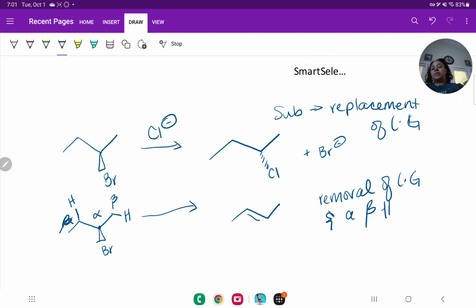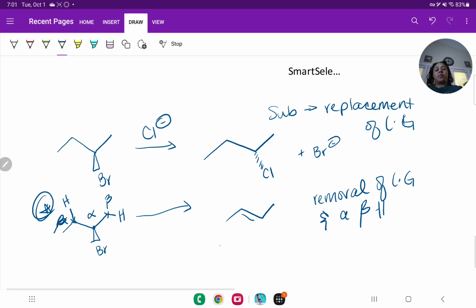So all of these, I'm not drawing in all the hydrogens, but all of these next door to the carbon, right next door, is beta. And so depending on which one you remove, so if I remove this first one that I just put a star next to, that would have given me this product. If I remove the one with the smiley face next to it, I would have gotten this product.